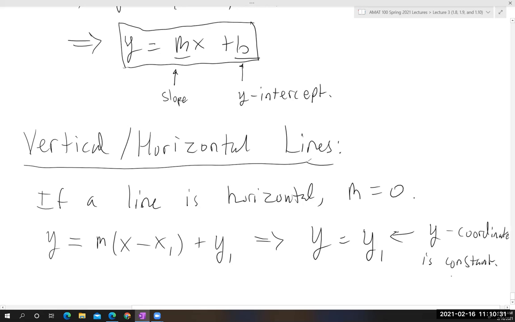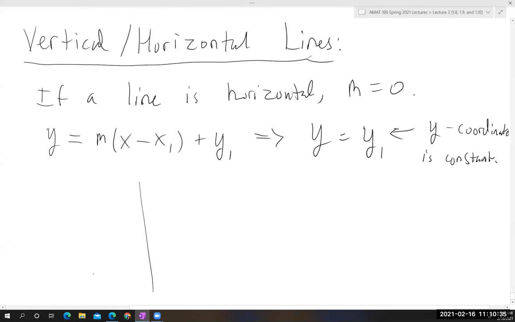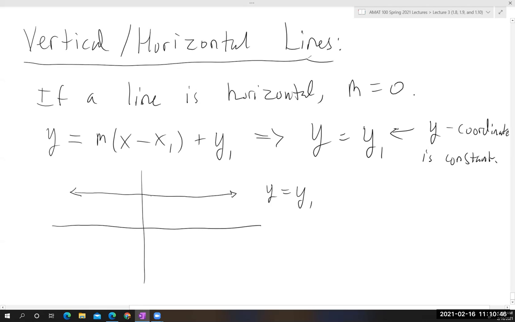And this makes sense. Let's make sure this syncs with our intuition. If you draw a horizontal line, so this is y equals y1, and you take any point, right here on the y-axis we have this point y sub 1.